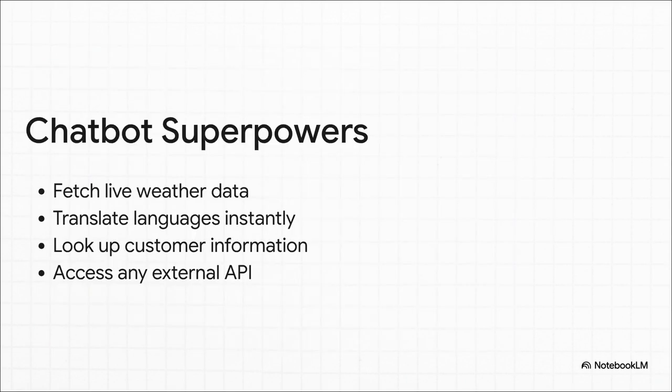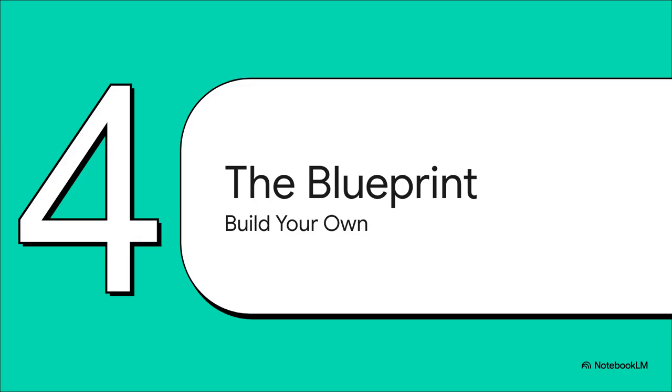Seriously, giving a chatbot function calling is like giving it superpowers. All of a sudden, it can reach out to a weather API and get you a live forecast. It can connect to a translation service or even look up a customer's order details from a private company database. I mean, you can essentially connect it to any external API you can think of, which makes its capabilities almost limitless.